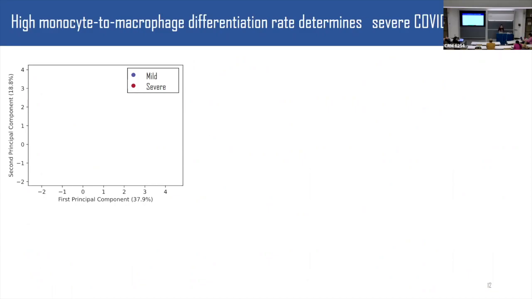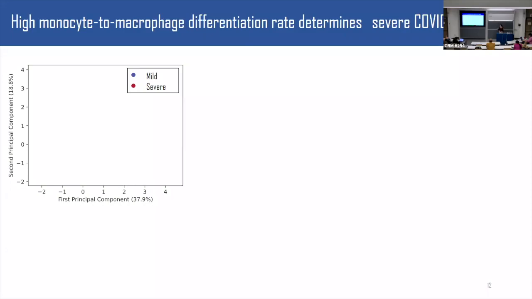Then we focus on our virtual cohort and try to find out which parameter determines severe COVID-19. Firstly, we did a PCA test.